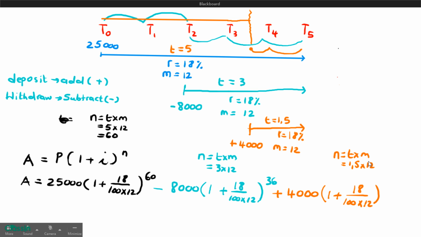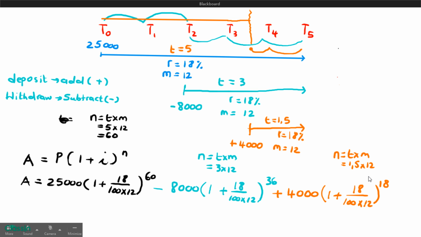Then what is 1,5 multiplied by 12? I think it's 6. No. Let me check. It can't be 6. 1,5 multiplied by 12 is 18. Sorry. It's 18.